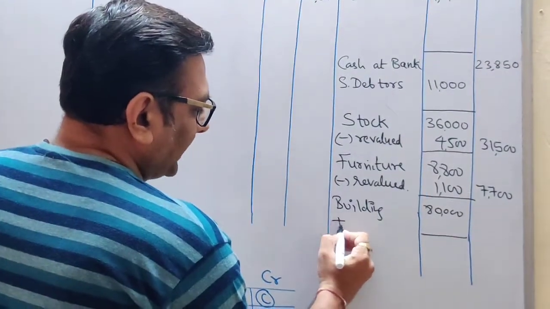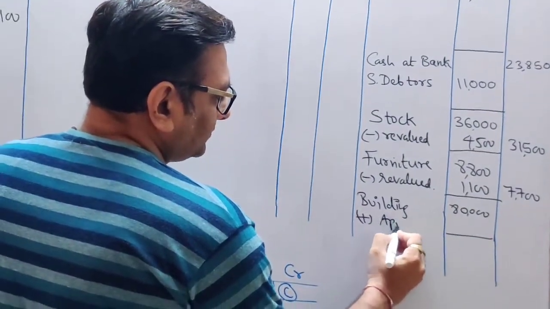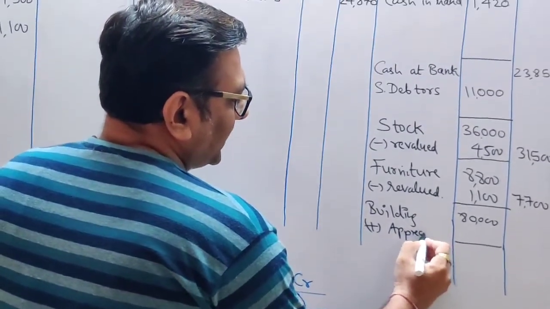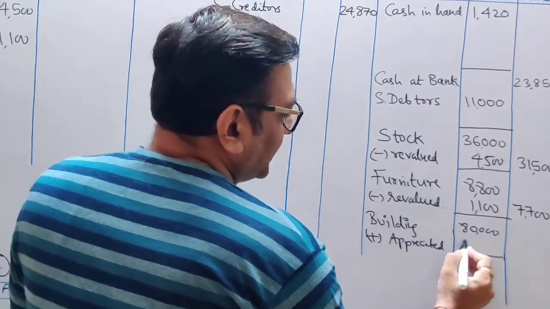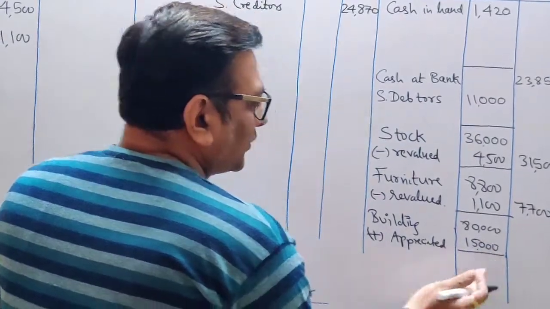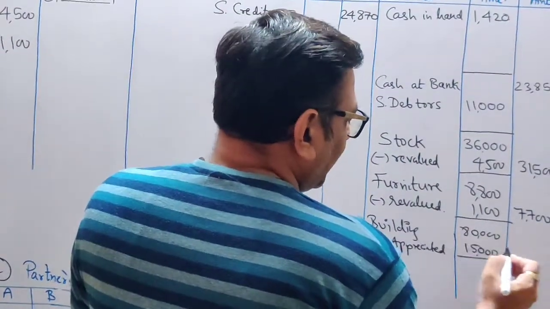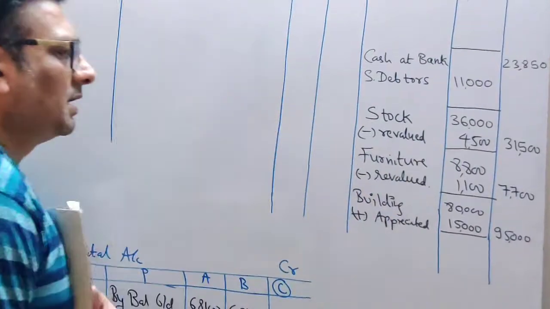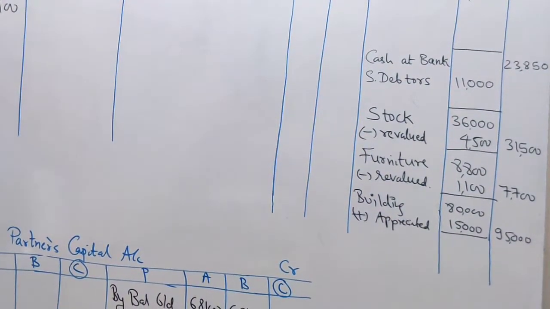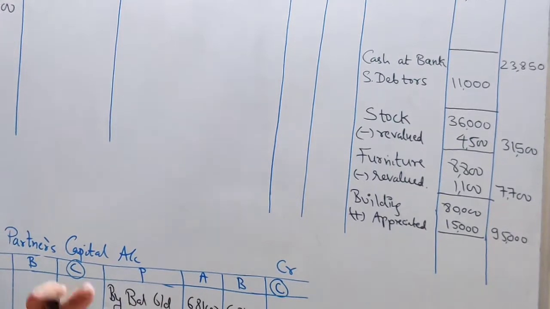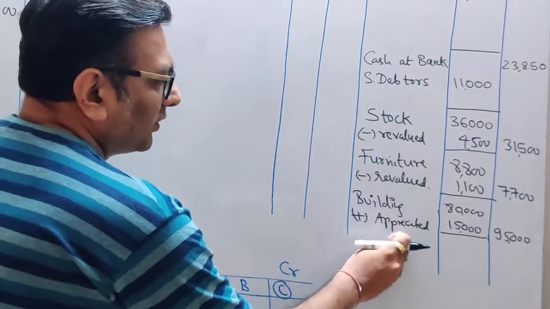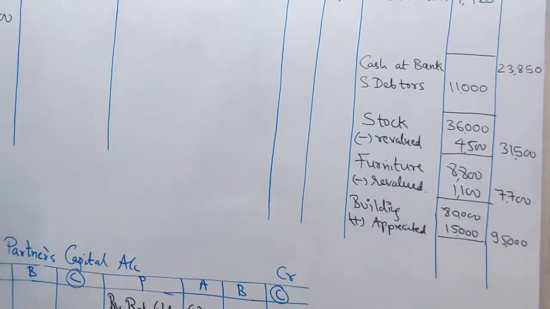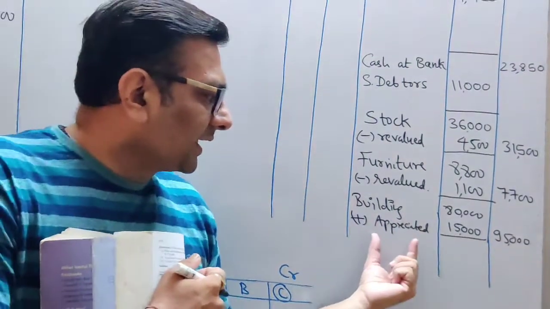Appreciated means you have to increase the value. So appreciated by rupees 15,000. So you increase the value of the building by 15,000. How much will the value become? It will now be 95,000. Now think and answer me. Is the value of the building increasing or decreasing? Yes, students, you all are right.